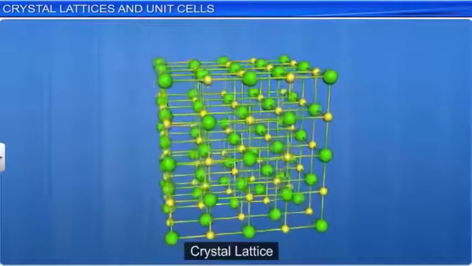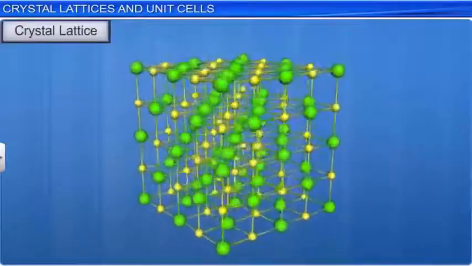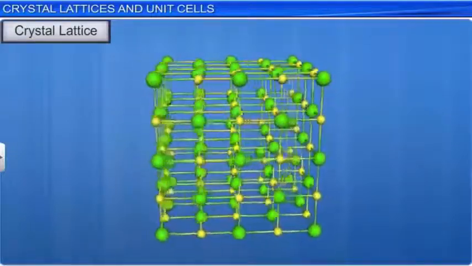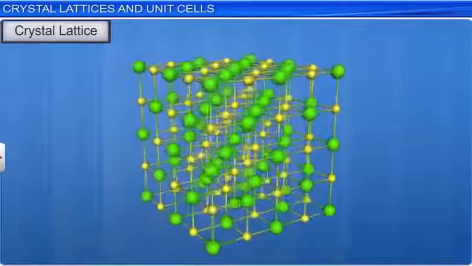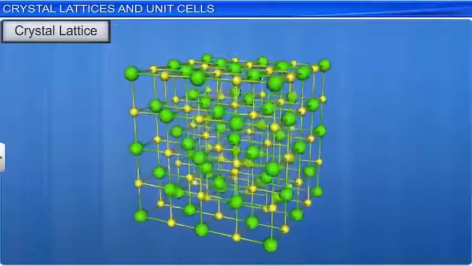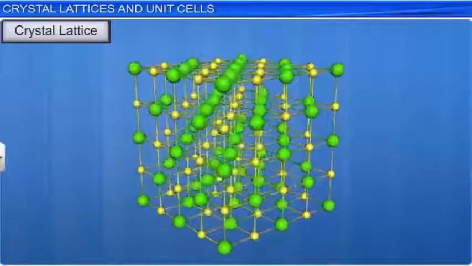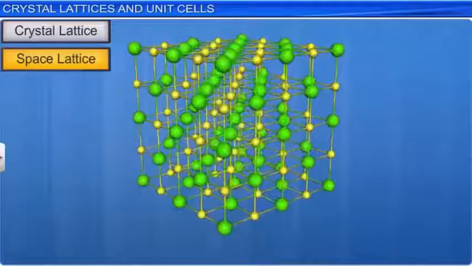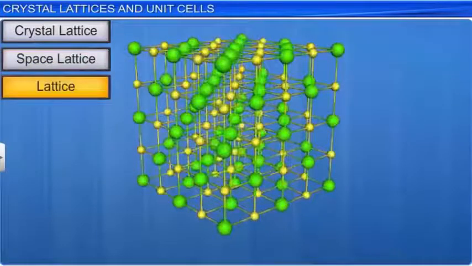Thus, a crystal lattice is a regular arrangement of the constituent atoms, ions, or molecules in 3-dimensional space. A crystal lattice is sometimes also called a space lattice or simply a lattice.